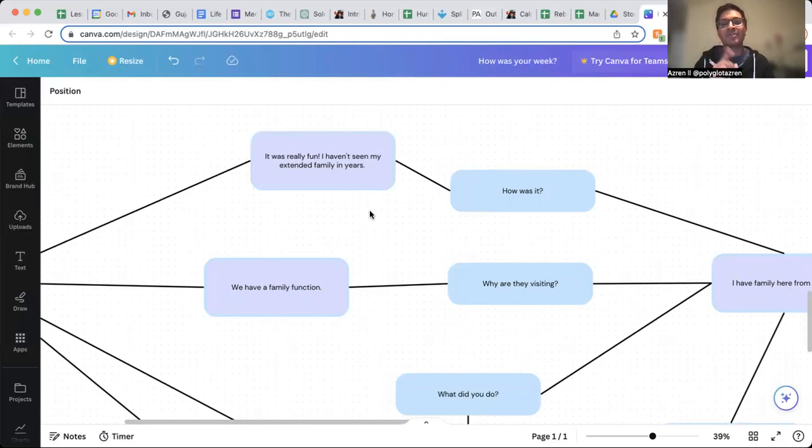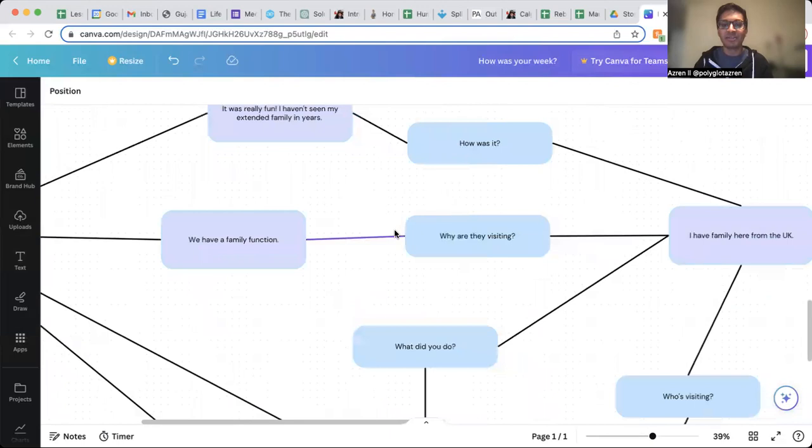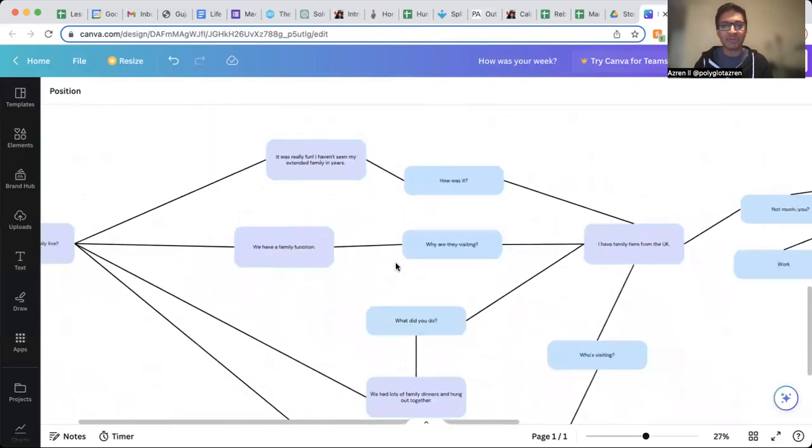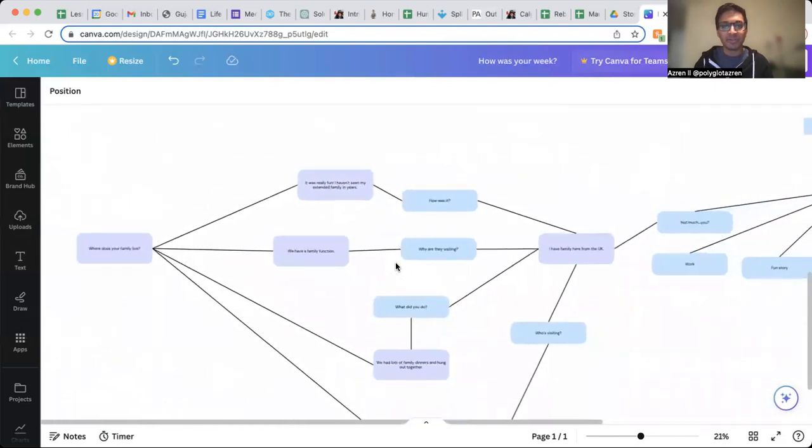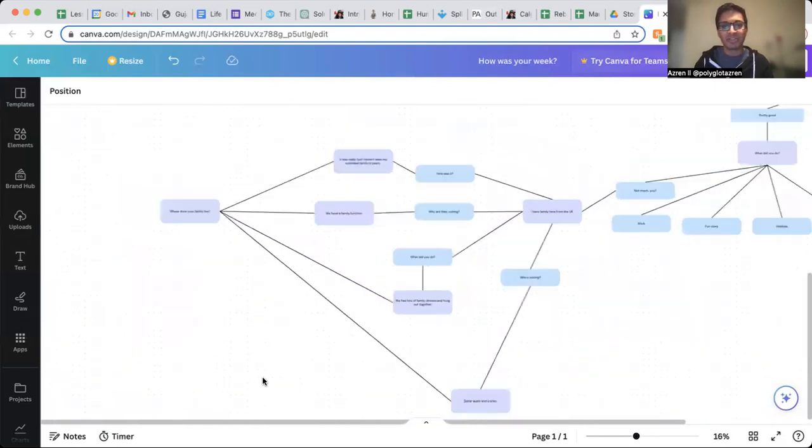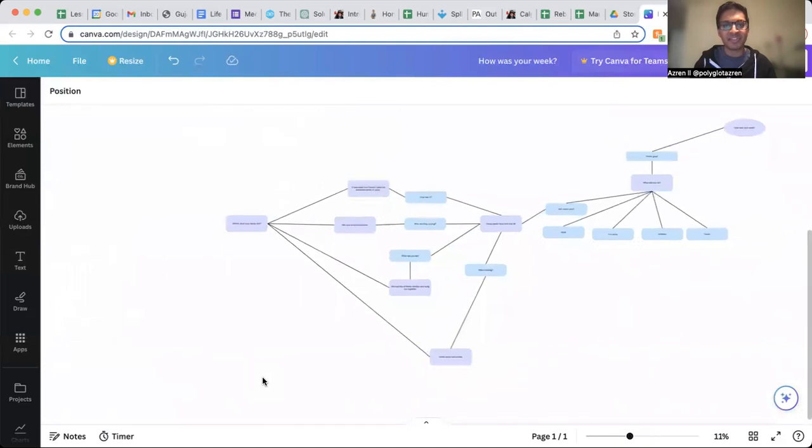Now, remember, when we have a conversation map, you want to be the one asking most questions as much as possible. It allows you to be in control of the conversation. So what you want to try and do when you build out a map is, I'm going to zoom out a bit for those watching the video screen. You won't be able to see the text, but you'll see the map here.